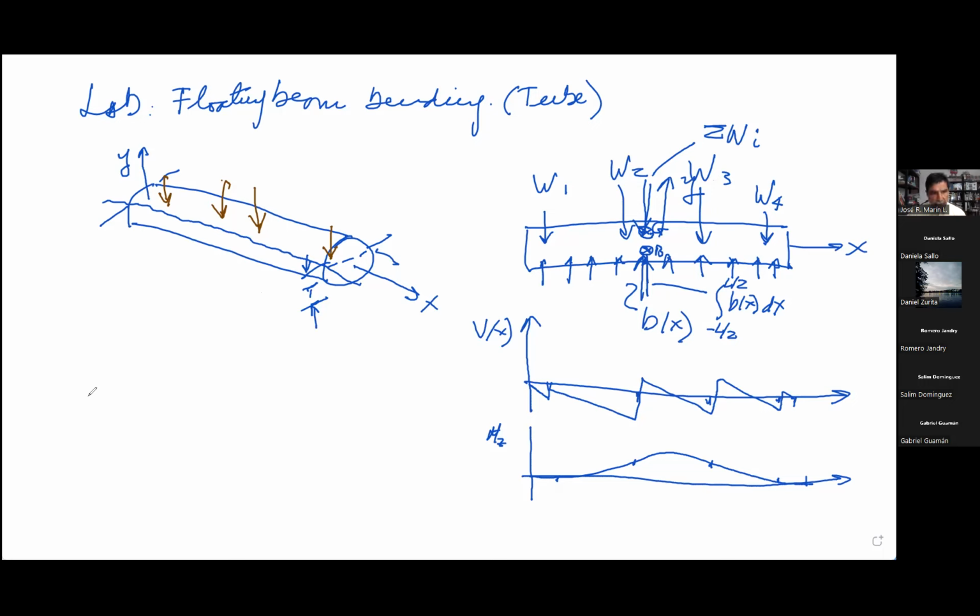So let's write it here. P of X is going to be B of X, and eventually this is going to be a constant since we're going to float with no trim. And then we're going to have minus, since we have four concentrated forces, something like this.